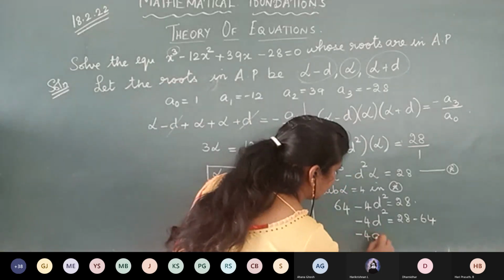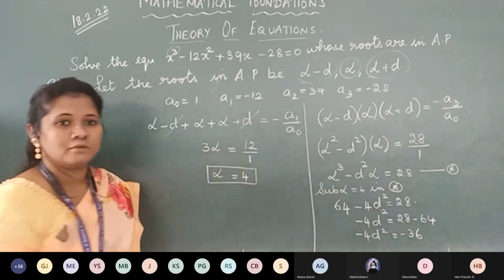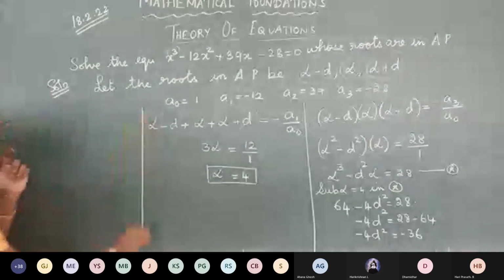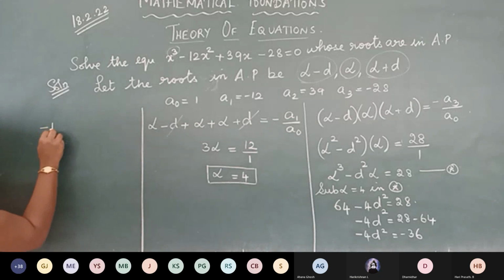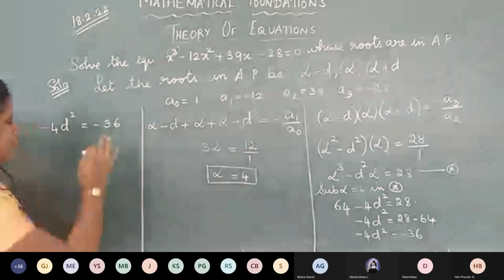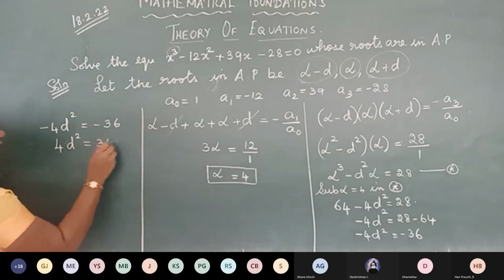So minus 4d square is equal to minus 36. I'll take off the minus on both sides. So you'll have 4d square equal to 36.